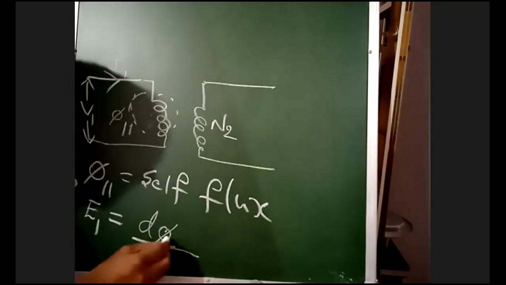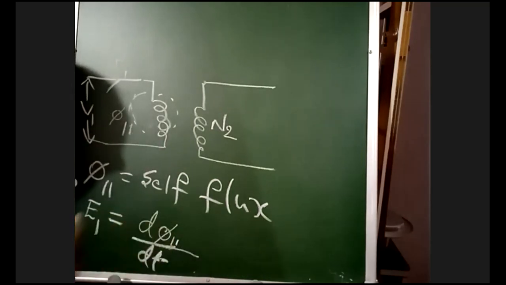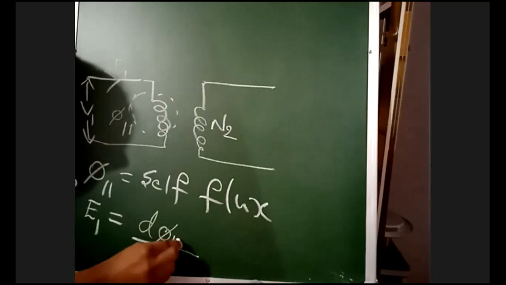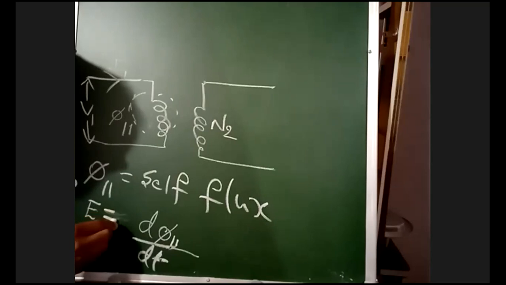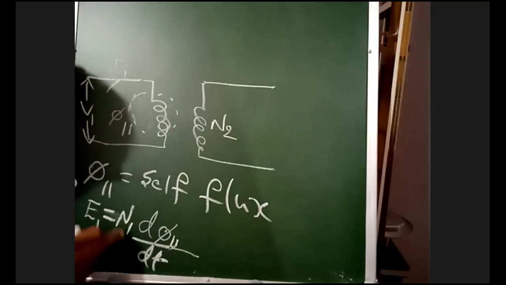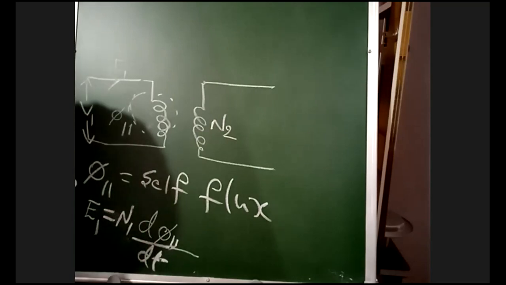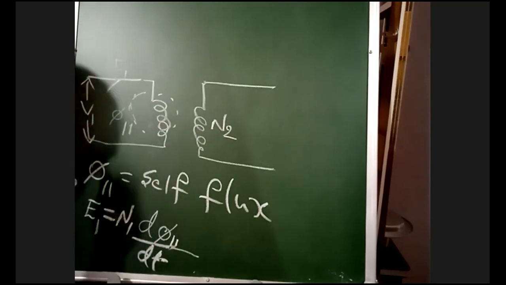Then what is the phi here in the first coil? Phi11. And in the first coil, N1 is the number of turns. N1 into d phi11 by dt. This is the EMF induced in the first coil.